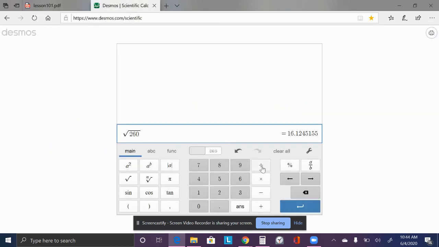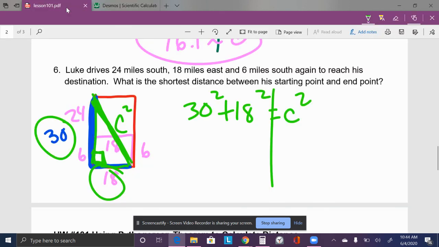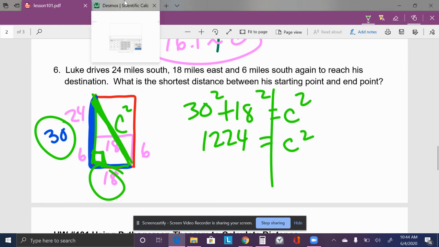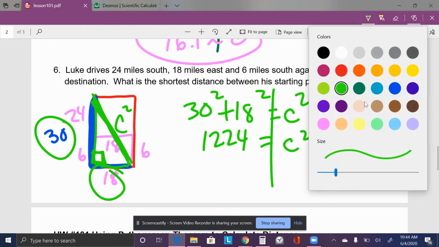Let's plug this in. 30 squared plus 18 squared is 1,224. Square root both sides, right?